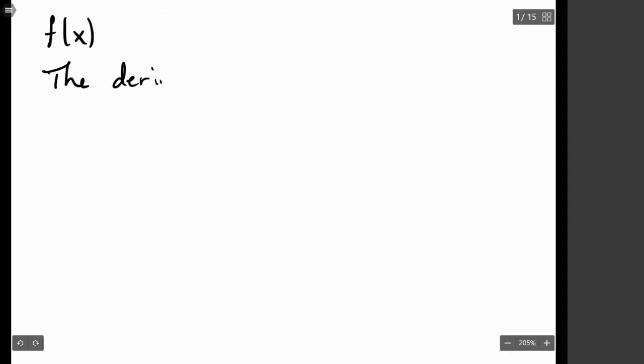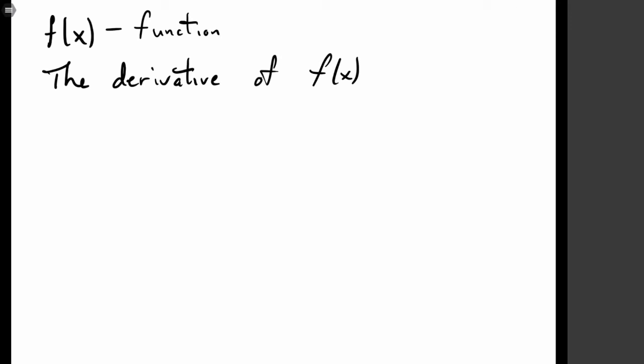Well, let's say we have a function f of x, okay? Then the derivative of f of x. So here this is just some function. There are some things that have to be true about it, like it has to be continuous and so on. But we'll talk about that later.